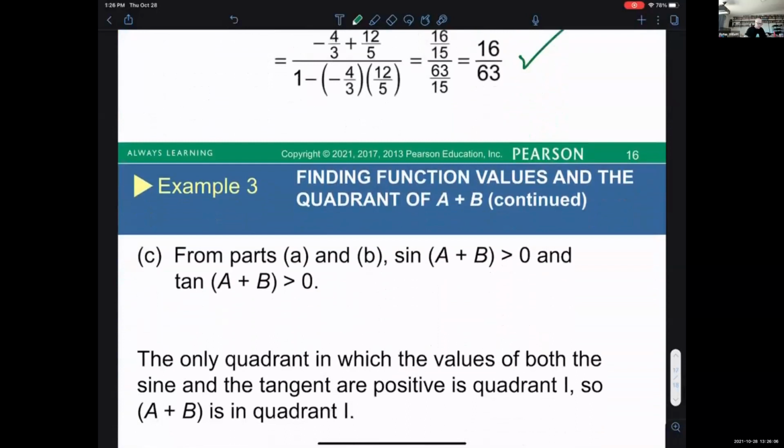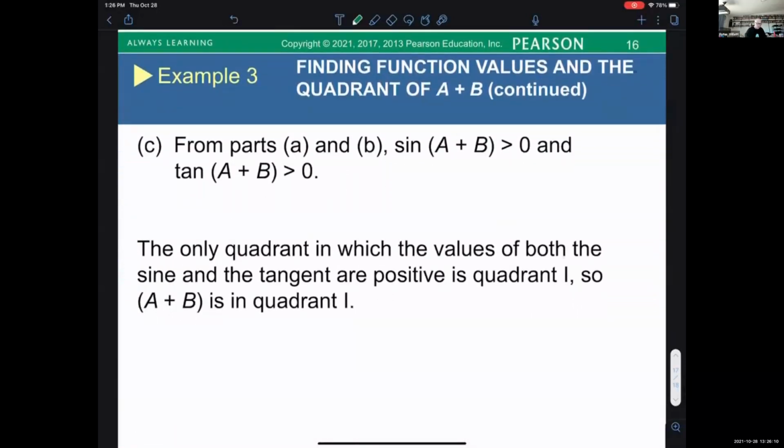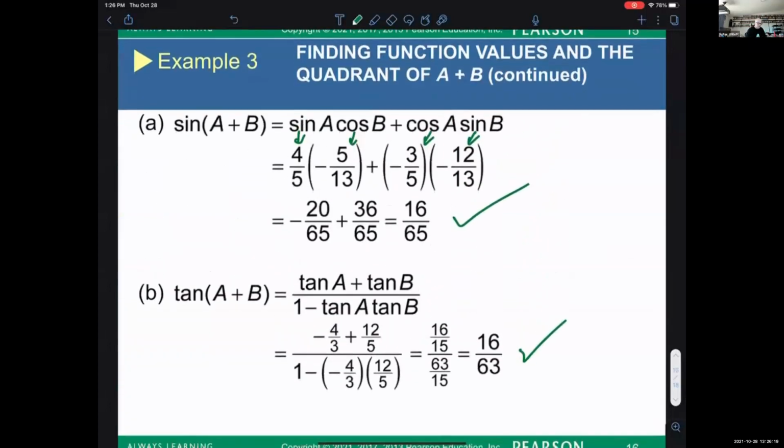So lastly, they sort of say, well, could we figure out what quadrant the sum of these angles would be? Well, if you know the sine value of an angle, or the tangent, then you can figure out what quadrant it's in.